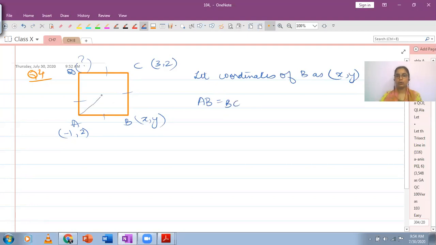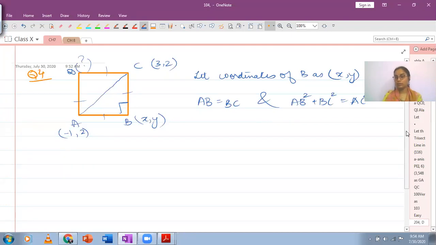And if I draw this diagonal here, what can you say about the triangle? This is a right angled triangle. AB square plus BC square will be equal to AC square. These are the two equations that will help you to find out the values of x and y.